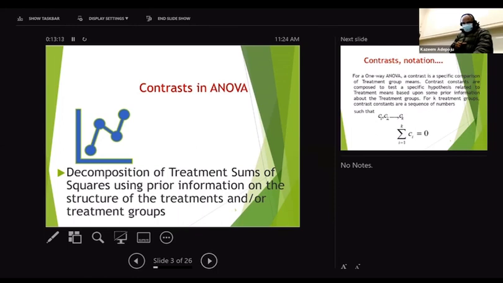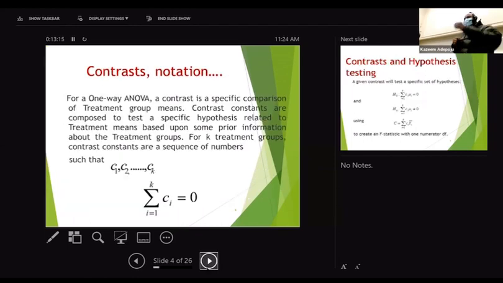Now, the contrast, symbolically in terms of notation, we're going to call that C1, C2, up to CK. And in such a way that when I sum them together, because they are weights, the cumulative effect of them is 0.